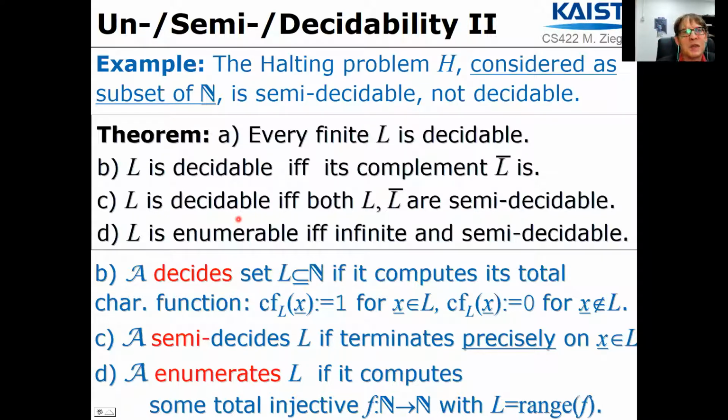So we cannot first run the algorithm A semi-deciding L and then algorithm B, nor can we first run the algorithm B semi-deciding L complement and then the algorithm A semi-deciding L. Instead, what we're going to do is simulate both simultaneously, or if you have a single processor machine model in your head, we're going to have our simulator simulate one step of the first, one step of the second, second step of the first, second step of the second, and so on, like Hilbert's hotel after it had been received by 2 infinite buses.